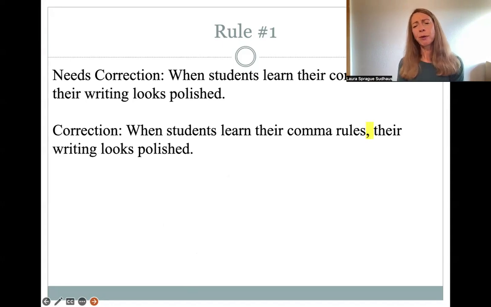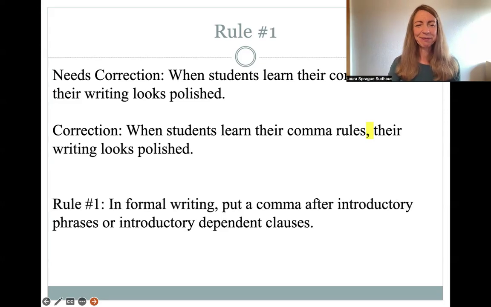When students learn their comma rules, comma, their writing looks polished. Why is there a comma after rules? If you can, write it down on your sheet of paper, see if you're correct. In formal writing, put a comma after introductory phrases or introductory dependent clauses. So when students learn their comma rules, comma, that's a dependent clause in the beginning, and then comes the main clause.